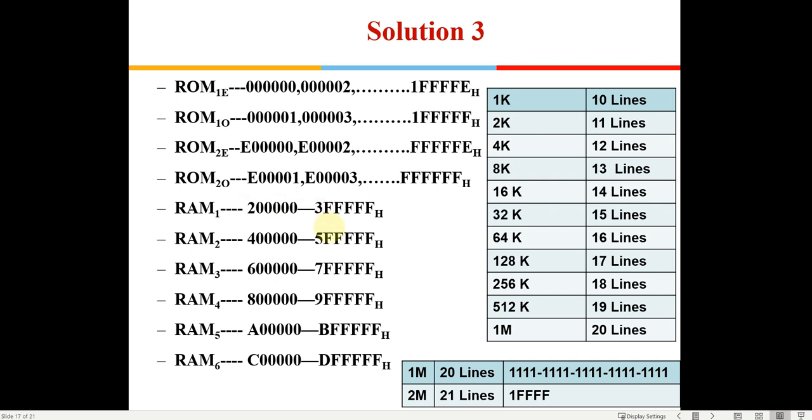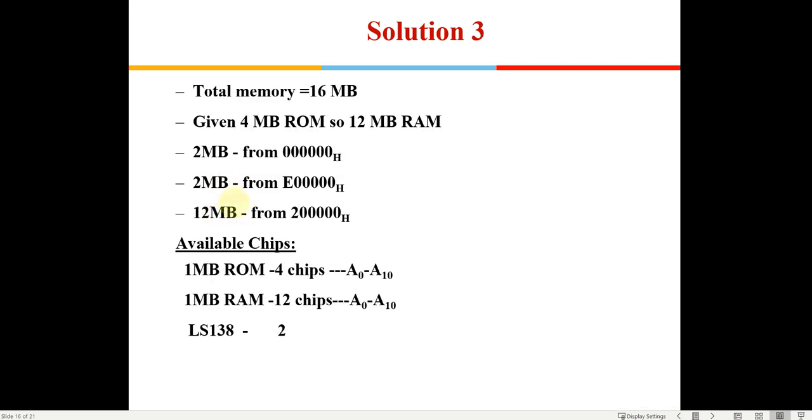And then it is going to end at 3 FFF, then RAM 1. When I say RAM 1, again it is a combination of odd and even. You have to remember that this is not just one RAM, because it is also a 1 MB RAM.